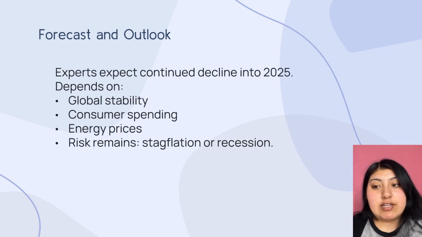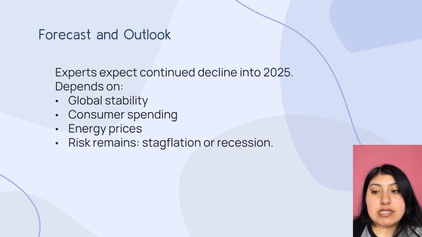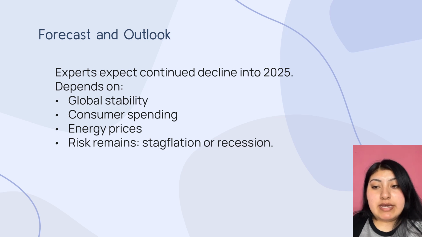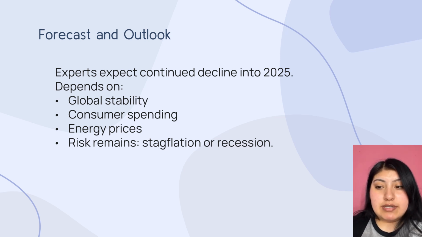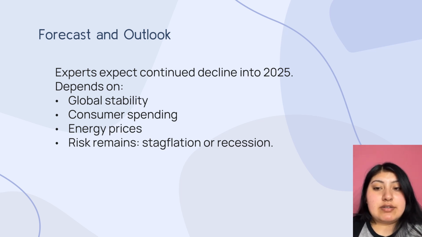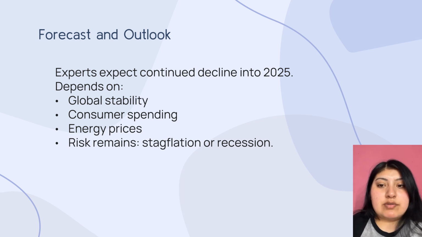Forecast and outlook. Looking ahead, economists expect inflation to continue decreasing slowly throughout 2024 and into 2025. However, there are risks. If oil prices rise again or if another global crisis occurs, inflation could return.